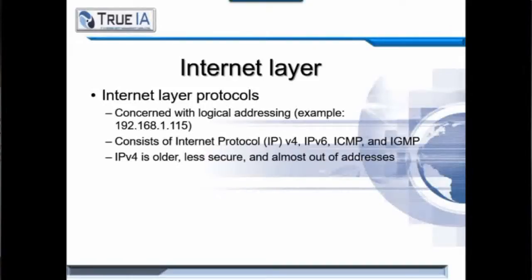The internet layer protocols are concerned with logical addressing. That's your IP address. IPv4 is an older standard, whereas now we're moving to IPv6 because we've run out of IPv4 addresses.